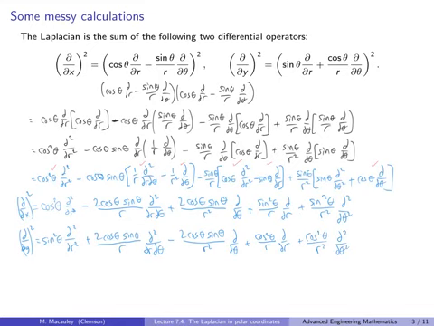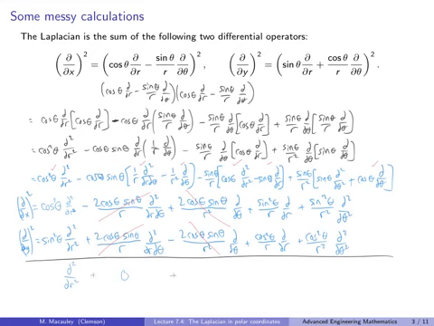So if you add these things up, what is going to cancel? These two things cancel. These two things cancel. And we're left with, well, when we add them up, we're going to get a lot of sine squareds and cosine squareds. So we add these two things up, we actually just get d squared over dr squared.